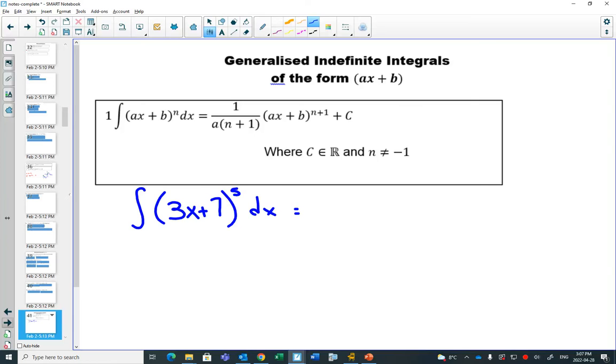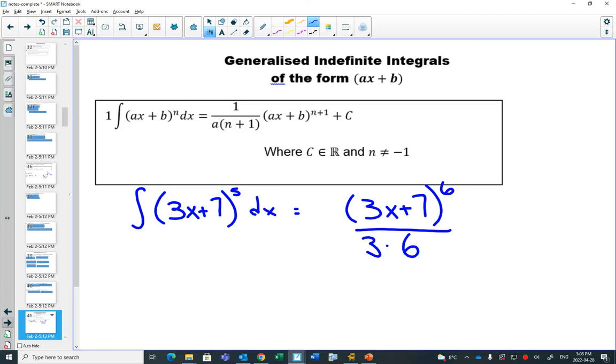So your power rule would say, I need to add 1 to my exponent and divide by my new exponent. But because there would be a chain rule if I did the derivative, which means I'd also have to times by 3, to undo it, I'd also have to divide by 3.